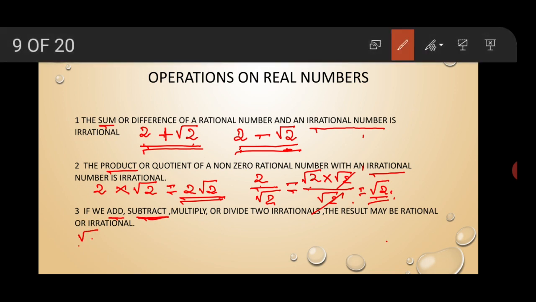Square root of 3, one example, and one more irrational number, square root of 2. Now their difference. If we subtract them, what is the result? The result is square root of 3 minus root 2 itself. Therefore, what type of number is this? It is an irrational number.